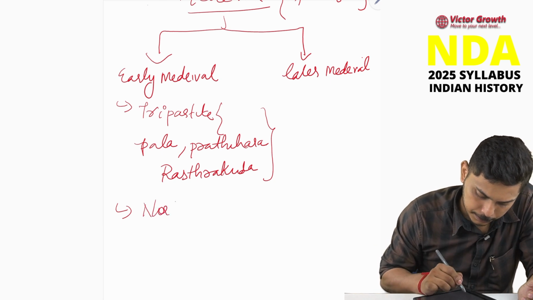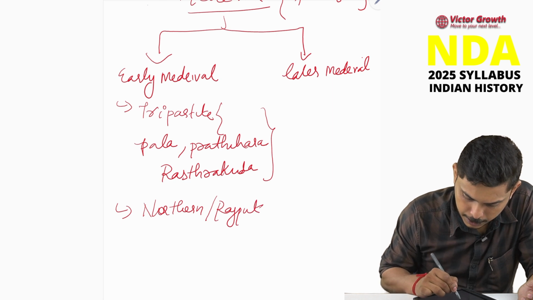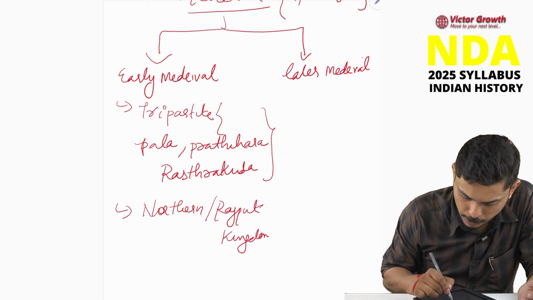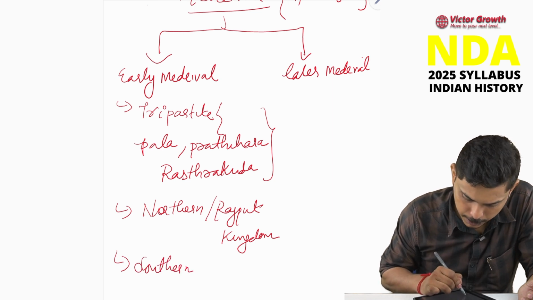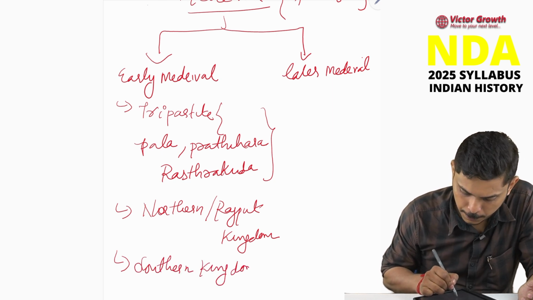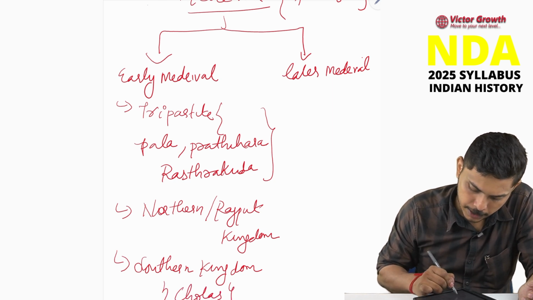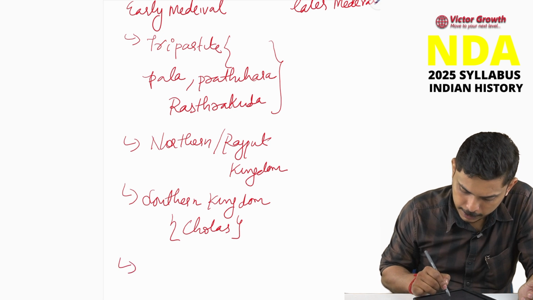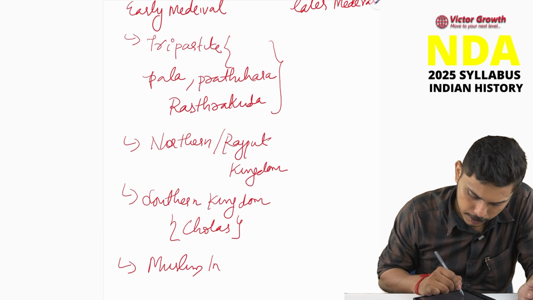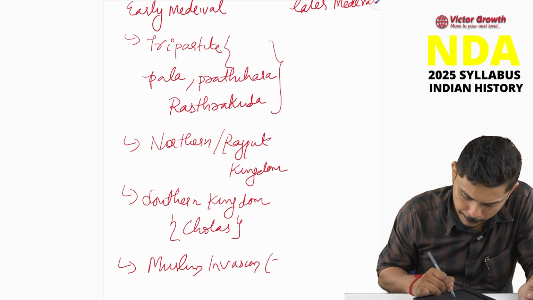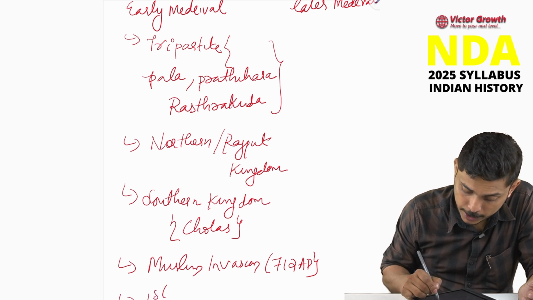Then we have the northern Rajput kingdoms and southern kingdoms. The important southern kingdom is the Cholas. Then you need to study about the Muslim invasion in 712 AD.